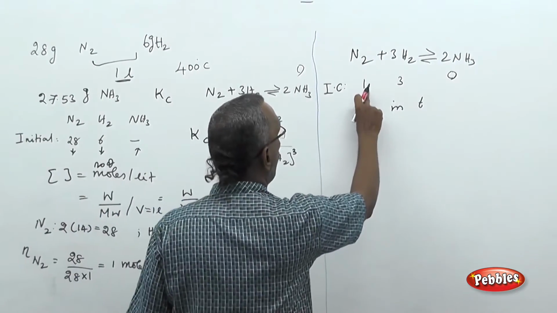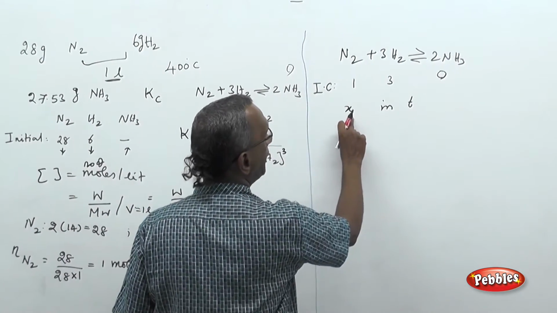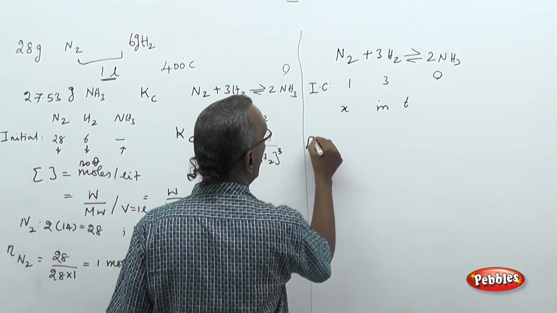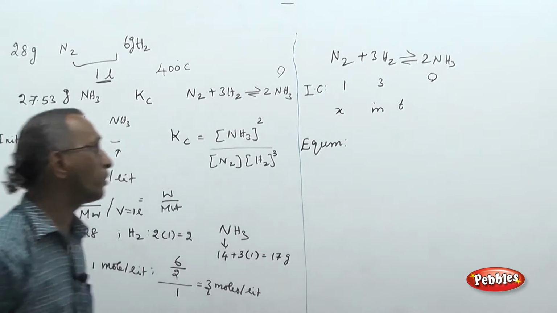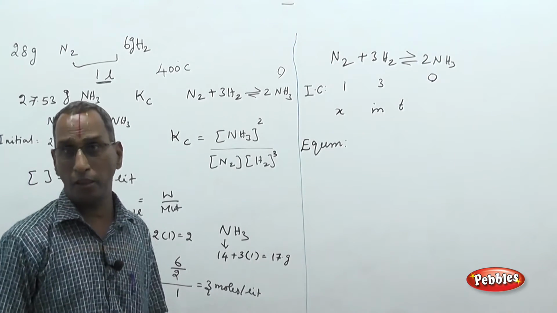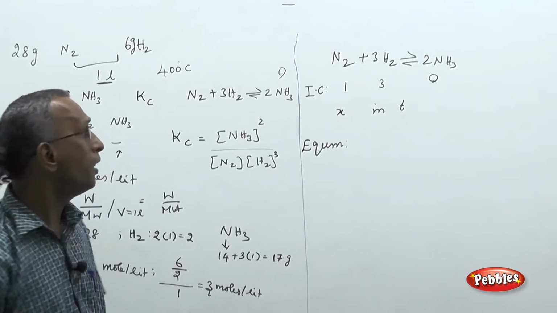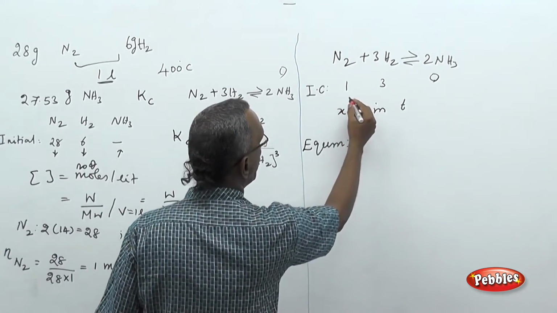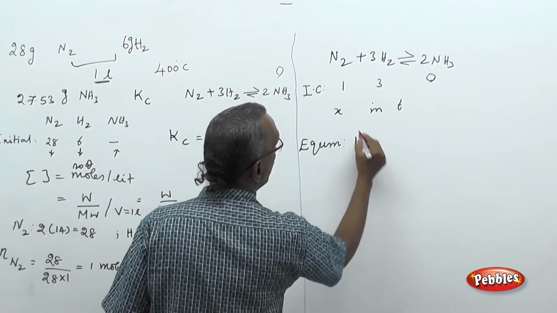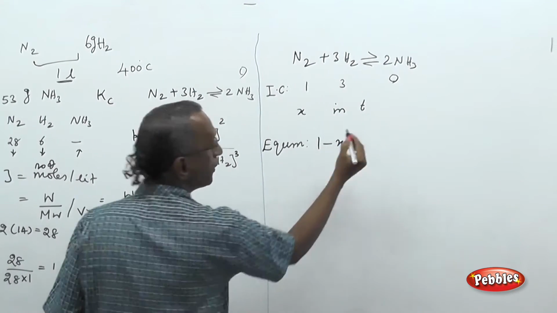So out of 1 mole, X mole has reacted. What is the unreacted concentration? Unreacted concentration is the equilibrium concentration. So unreacted concentration is 1 minus X.